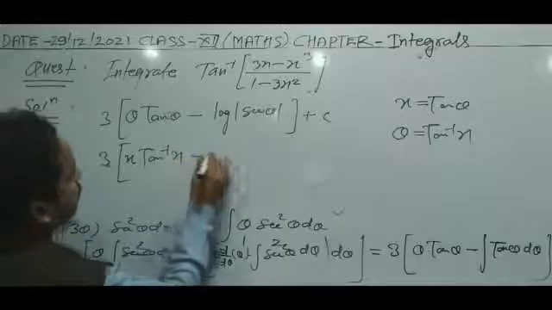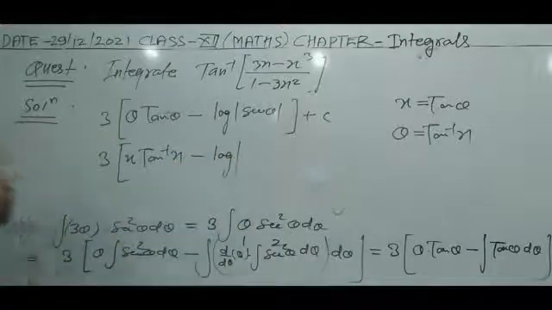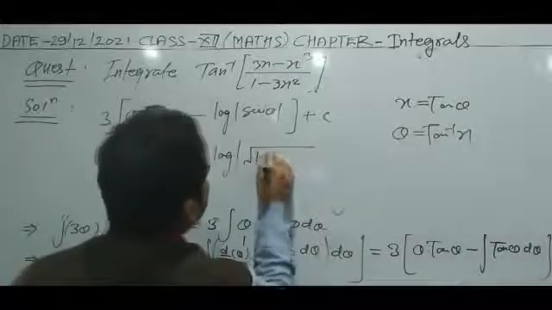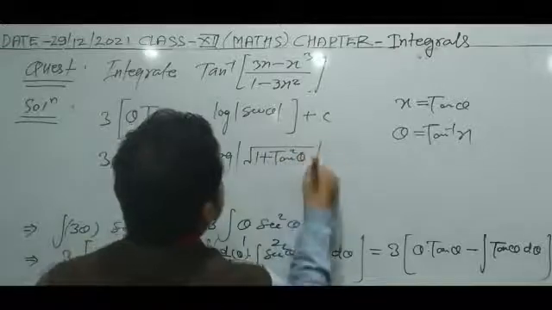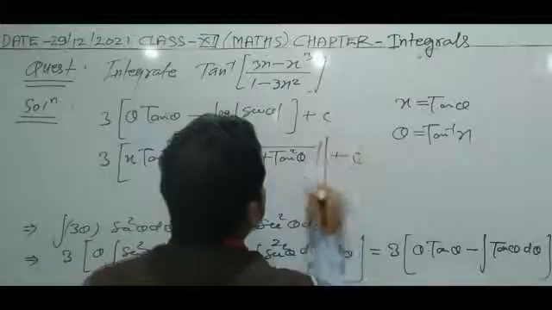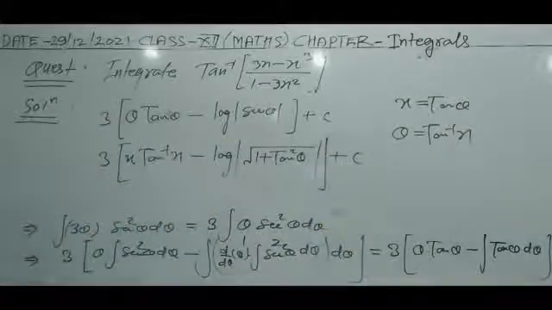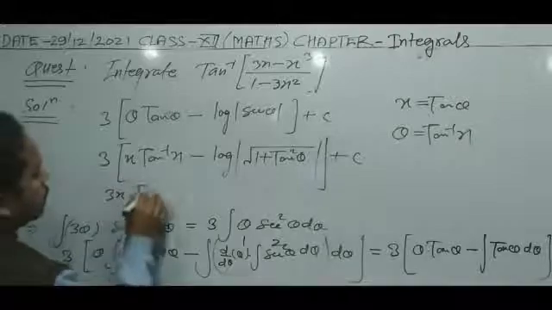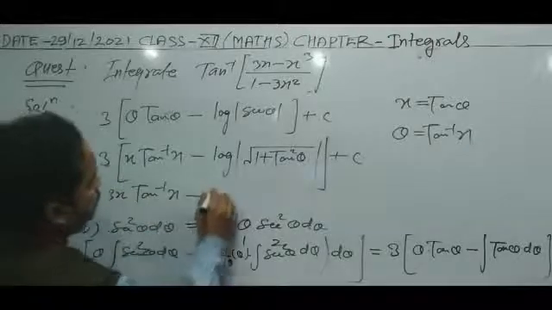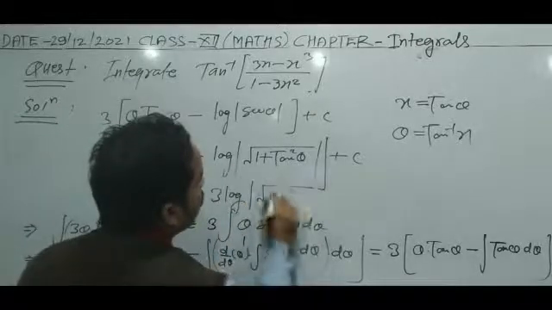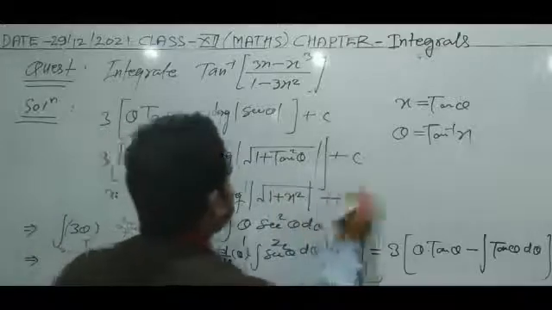So x tan inverse x minus log of mod of root over 1 plus tan square theta now plus c, and this tan theta we can write x. So result will be 3x tan inverse x minus 3 times log of mod of root over 1 plus x square now plus c.